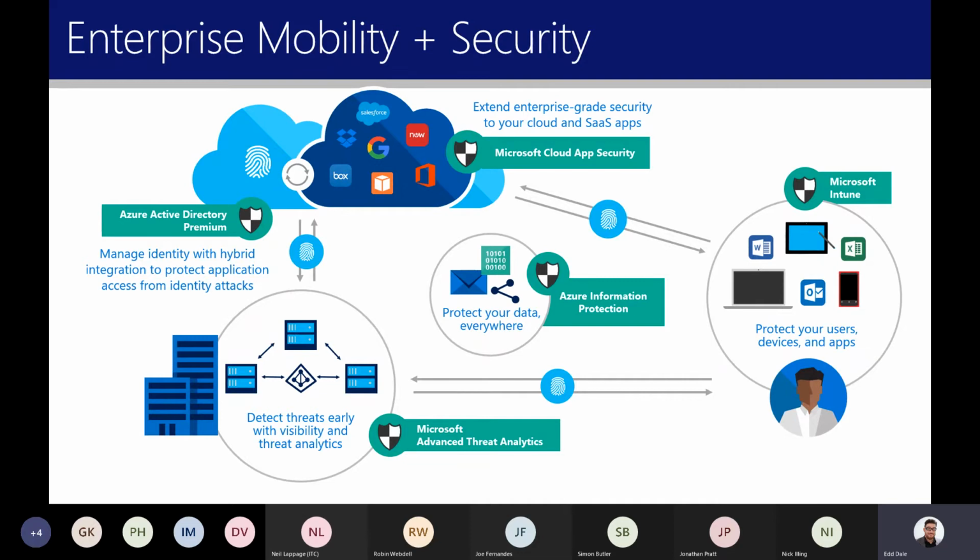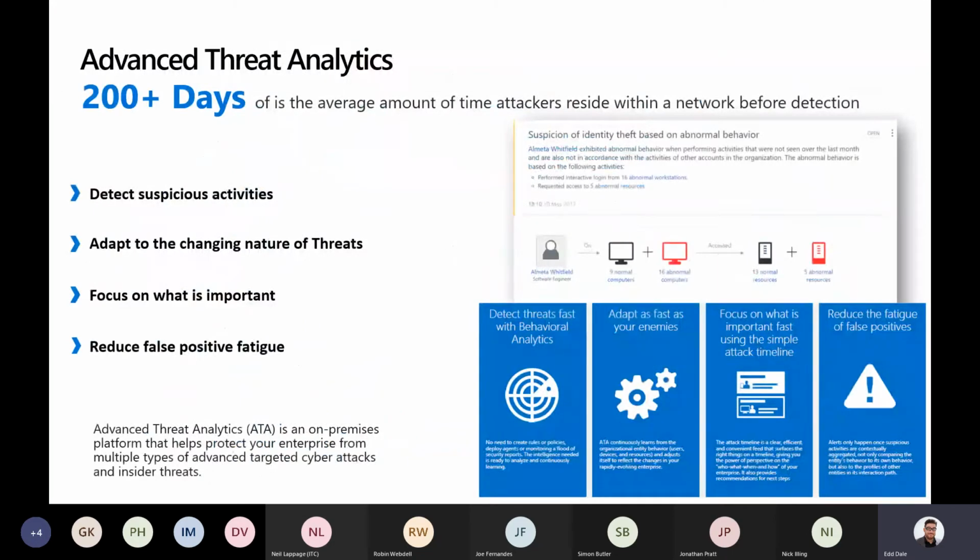Probably not so much. Microsoft 365 E3 is geared towards this. So some of the extra tools that you get in enterprise mobility and security, things like advanced threat analytics. Now, advanced threat analytics is a fantastic tool which basically uses behavioral sensors to detect suspicious activity within your infrastructure.